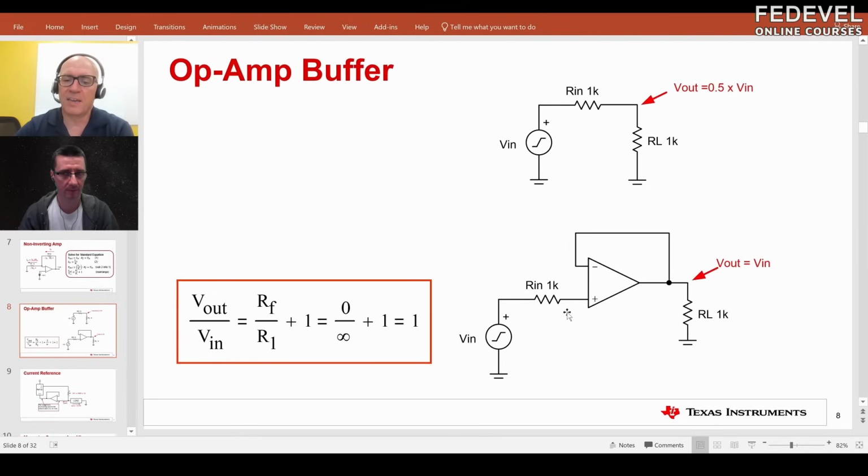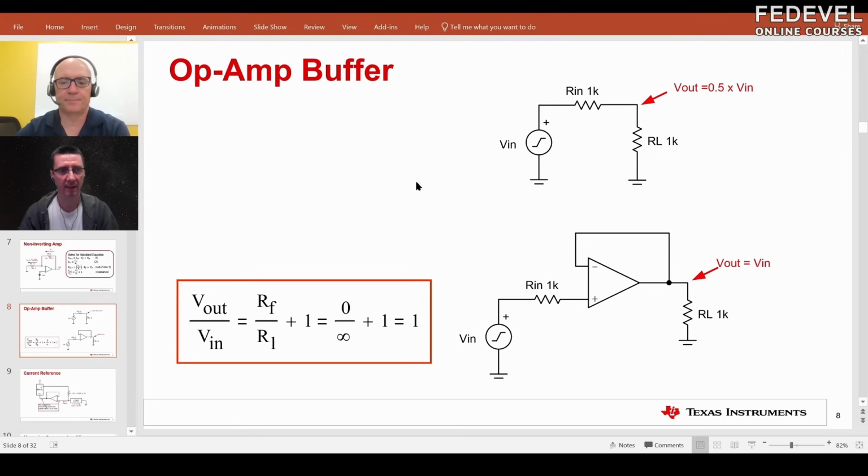If we wanted to drive a signal to a load from the input, and we had these two resistors just in series without an amplifier, we'd get a voltage divider effect. Basically, the input signal would be divided by 2 in this case, but if this were a mega ohm resistor, we'd hardly get any output signal. And so the point of this buffer is to eliminate the effect of this input impedance and allow you to drive a load without having that voltage divider effect.